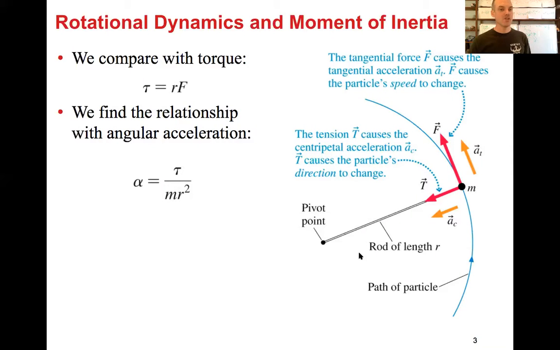Okay, so torque is a relationship of the radius times the force, and in relationship to the angular acceleration, we see that it's related to that concept. You can see torque is there, and we have the mass and the radius of that mass squared.